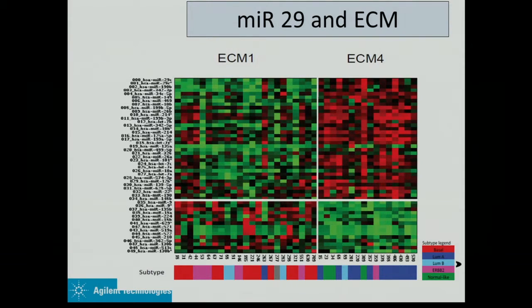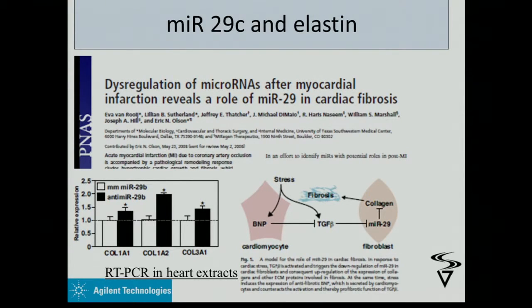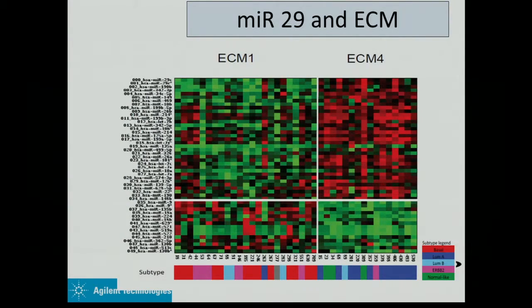I'm not showing the statistics, but believe me, there is a statistically significant differential expression of microRNAs between ECM4 and ECM1. The top player here is miR29. So it is differentially expressed between dense extracellular matrix and not so dense extracellular matrix.